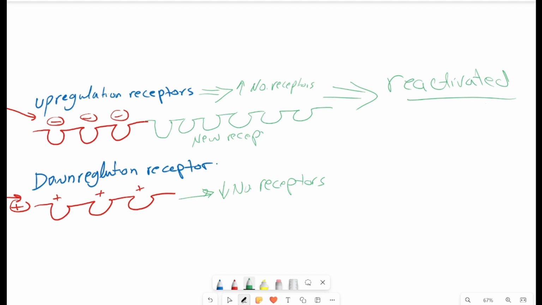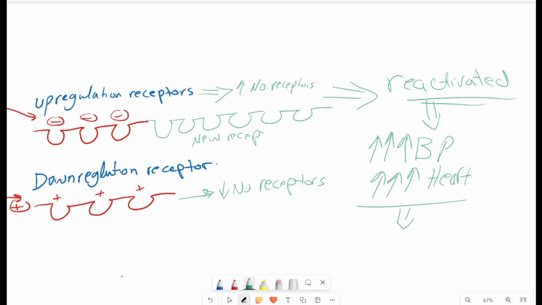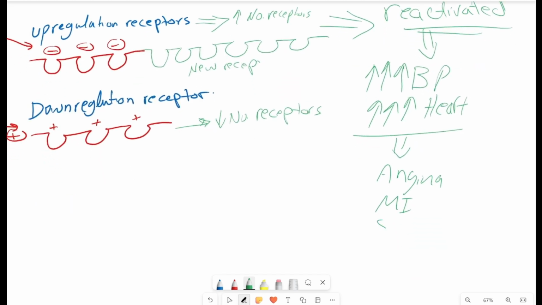And reactivating these receptors will increase blood pressure, with a high grade of stimulation of the heart, and there's a risk of angina, risk of MI, or even risk of stroke.